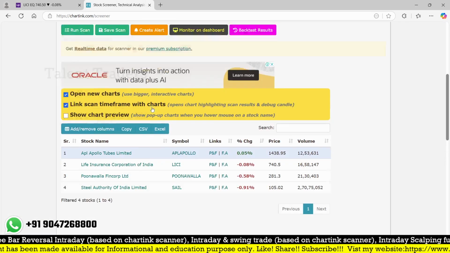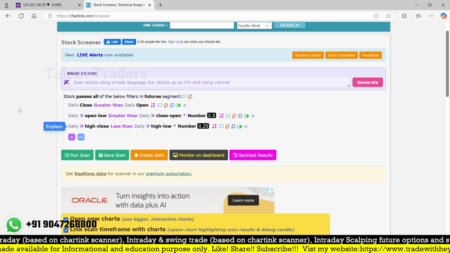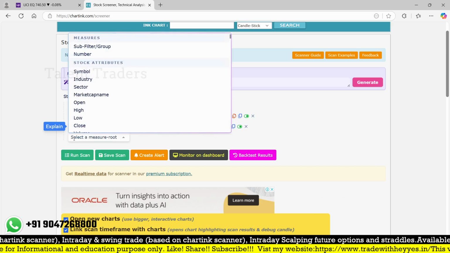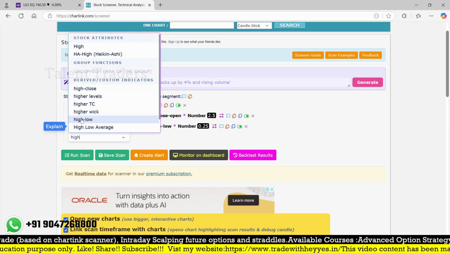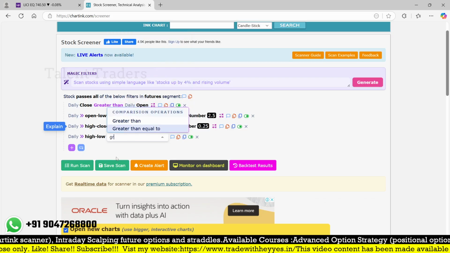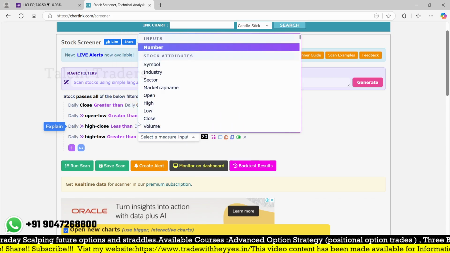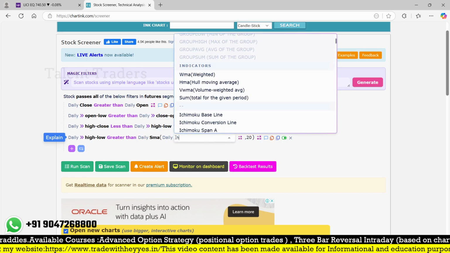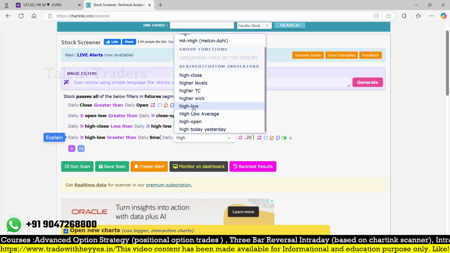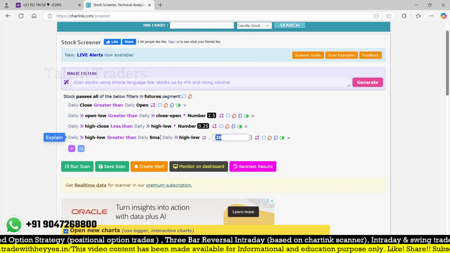So while creating conditions, we have to be very careful. And now we are going to fetch stocks where today's range must be greater than the average range of high minus low of the last 50 candles.